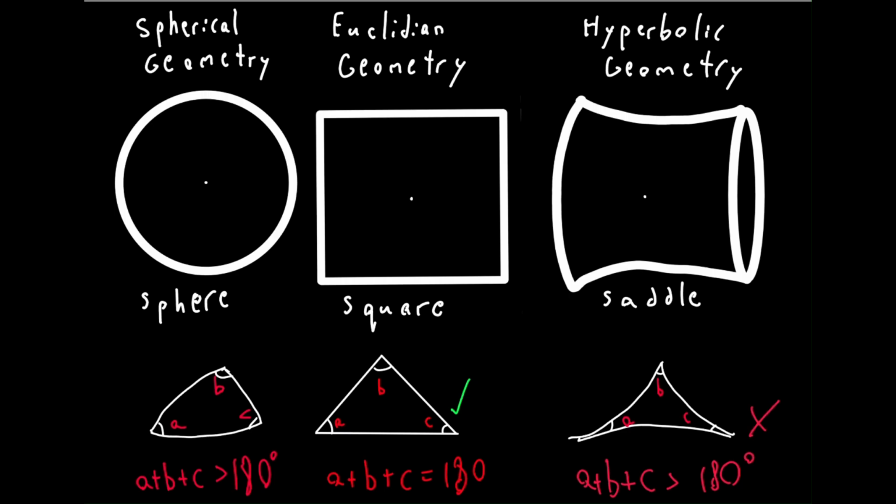Nope. Well, does it equal 180 degrees? Nope. A plus B plus C is less than 180 degrees. That is correct.